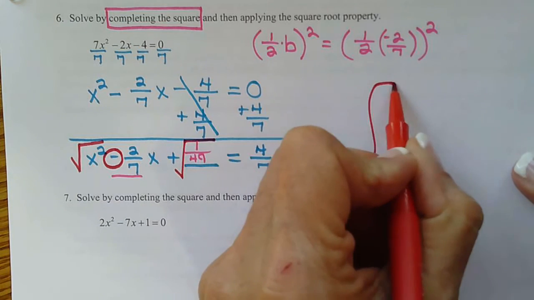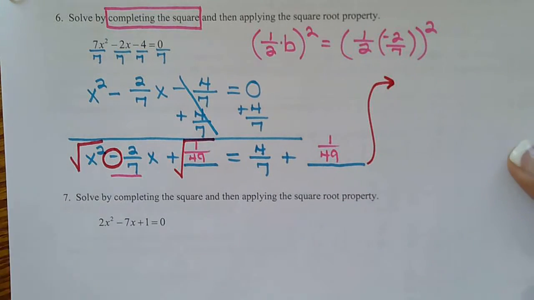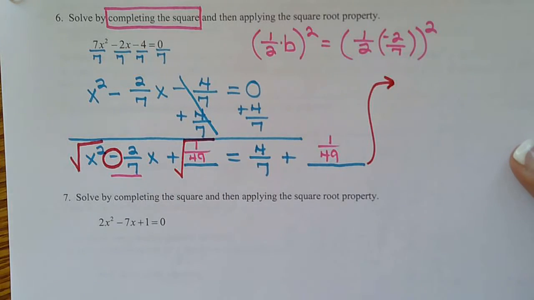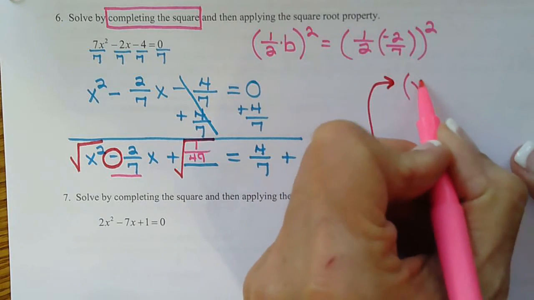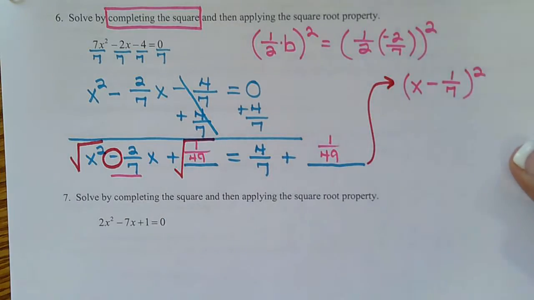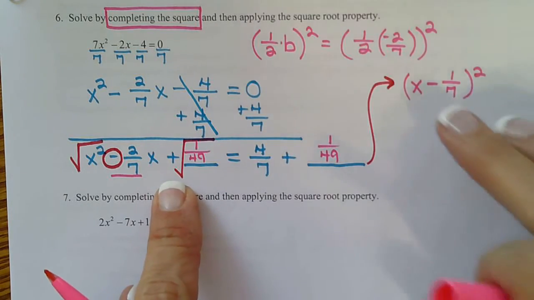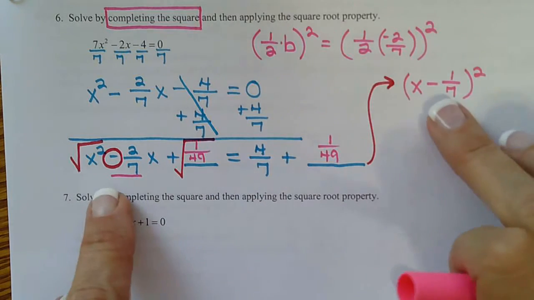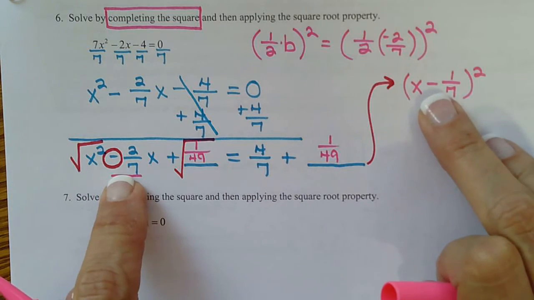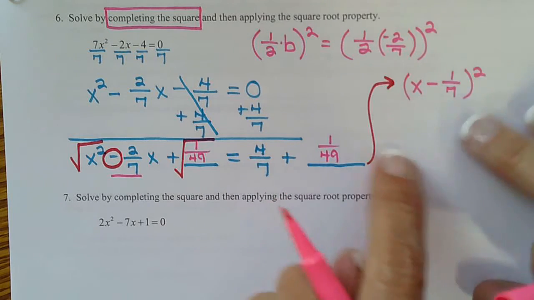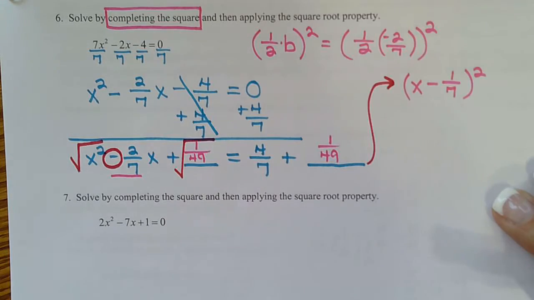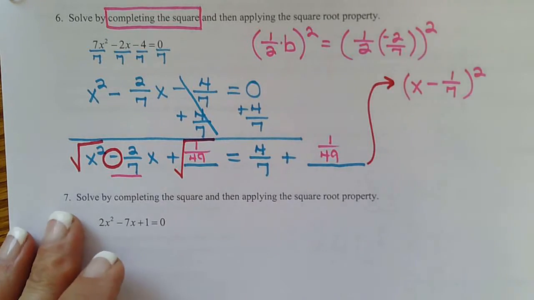So that's going to leave us with x minus 1/7 quantity squared, because remember it's really x minus 1/7 times x minus 1/7, but rather than write that step, just go straight to here. So square root of the first term, use that sign, square root of the last term, and then it's quantity squared, because this would really be x minus 1/7 times x minus 1/7 if I factored it.